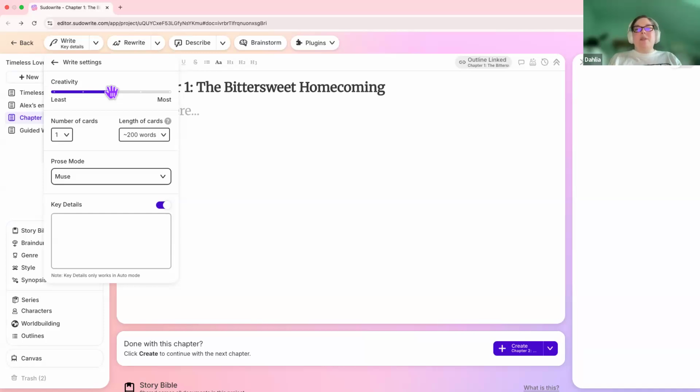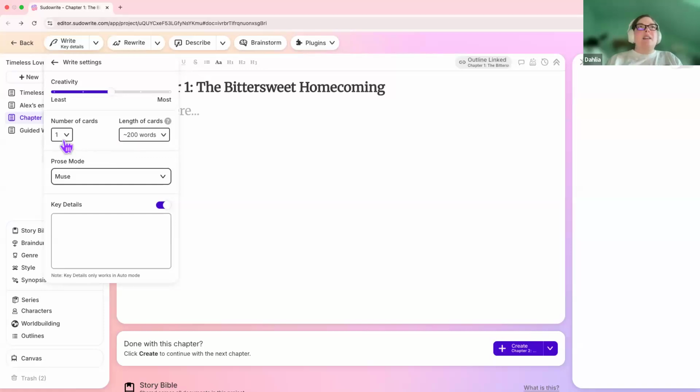And if something crucial to the plot gets left out, I shuffle the beats or chapter summary so the key details appear later in the chapter. If you want the AI to stick more closely to the chapter summary, you can try lowering the creativity setting or using guided write to shape the beginning of your chapter more intentionally.